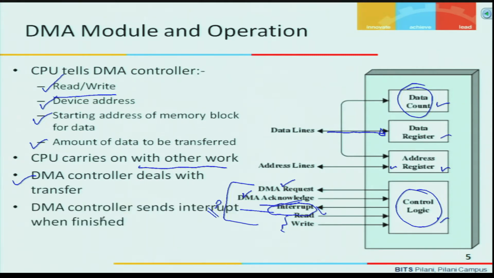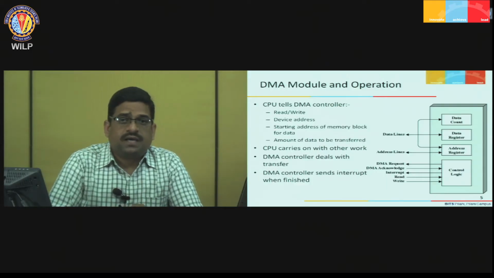So once the DMA controller completes the transfer, it indicates the finishing of the task with the help of this interrupt signal. So this is the DMA module, how it works and what the components are.